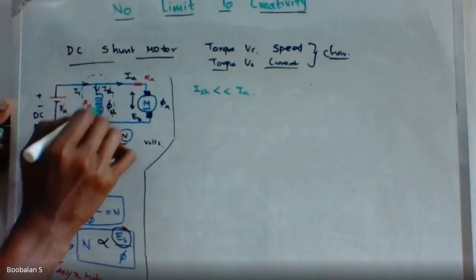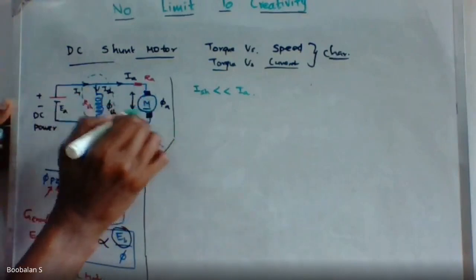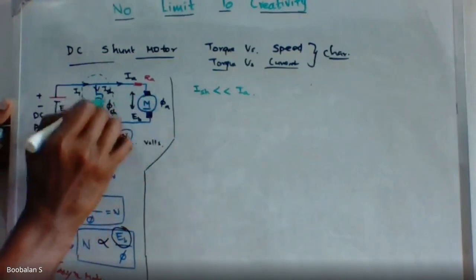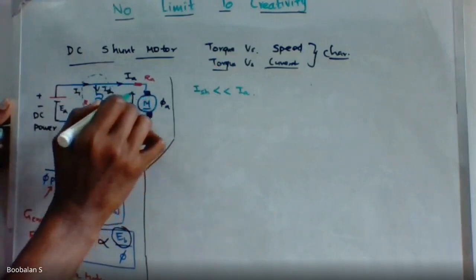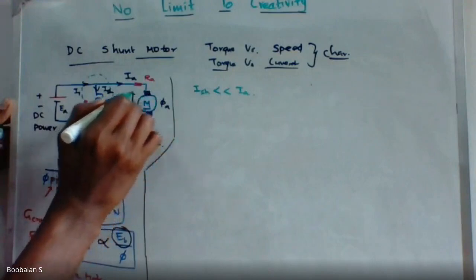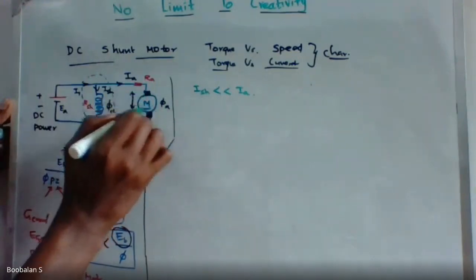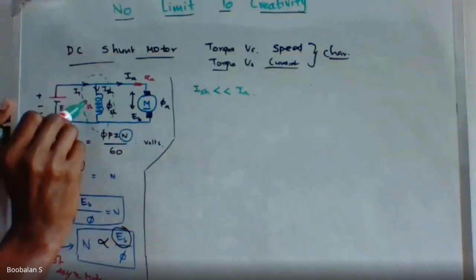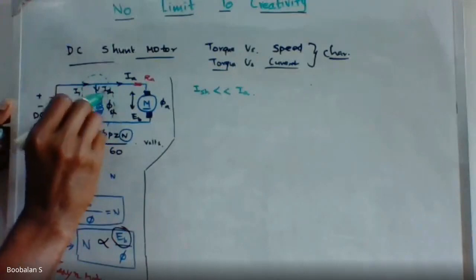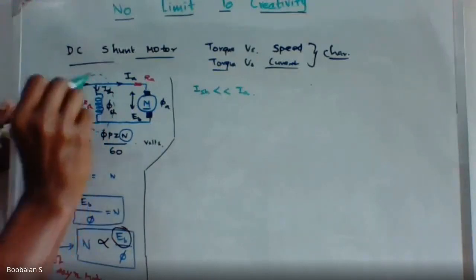Both are wound coils: this is the stator coil, this is the rotating coil, this is the armature coil, this is the field coil, and both are wound with copper conductor. The copper conductor thickness here is very high compared to this one. The copper thickness is very low here, so the resistance is very high and the flow of current is very low. That's why I'm going to neglect this part, right?